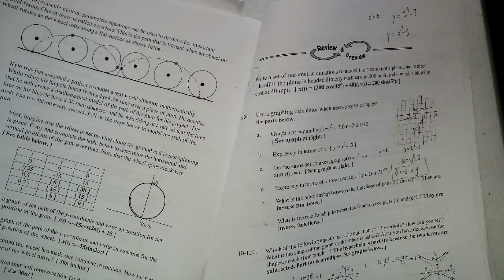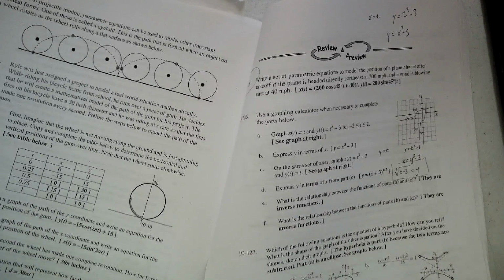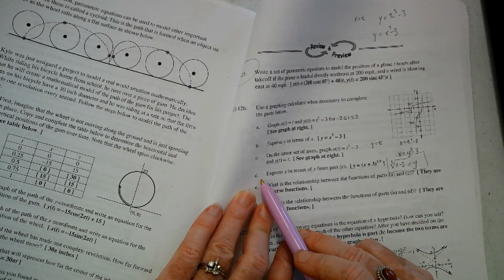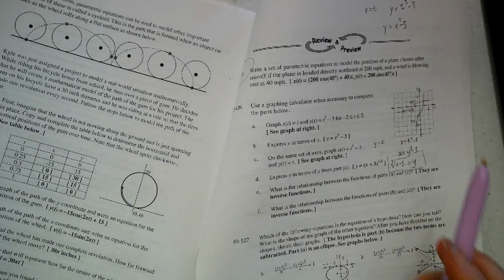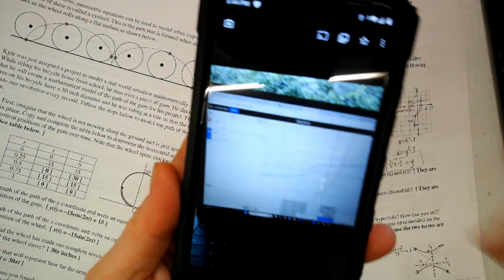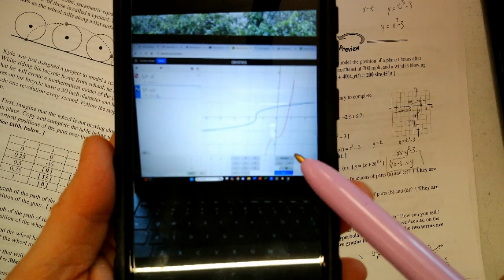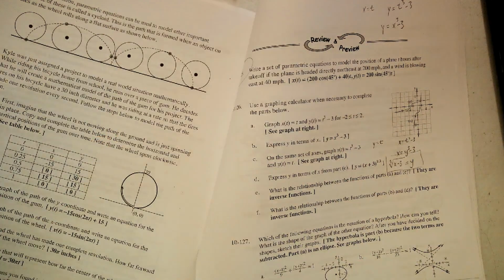Oh, I did the -2 and +2. So then we had the two graphs. Did you see how they look like they are inverses of each other?